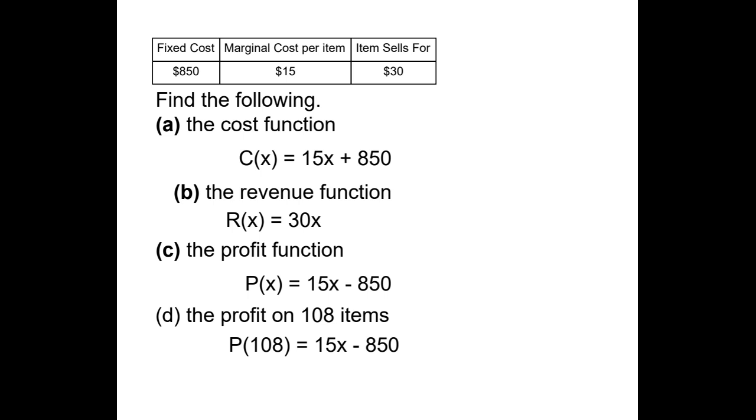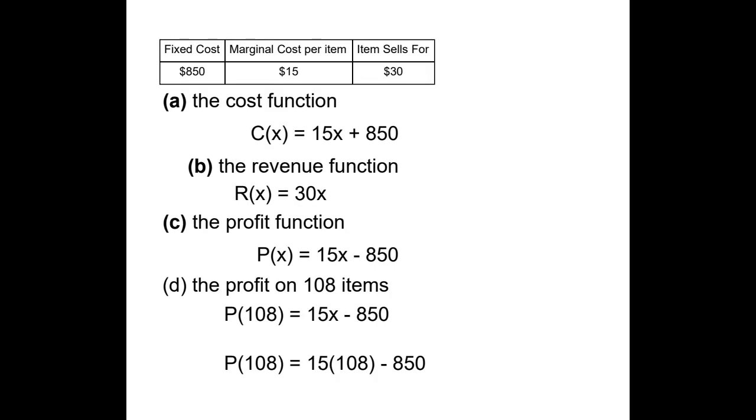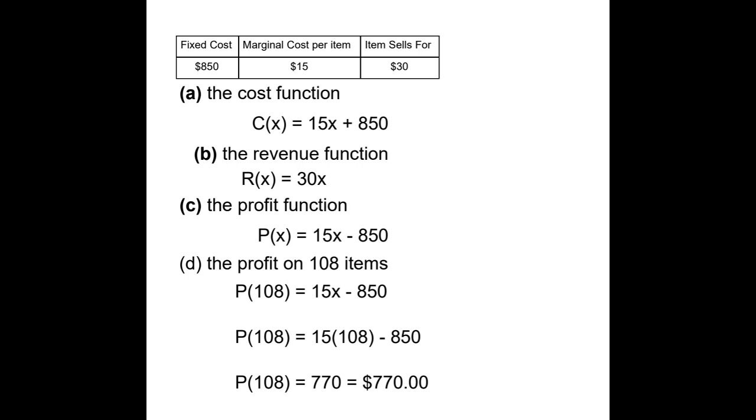So then I'm going to have P of 108 is equal to 15 times 108 minus 850. When I do this, 15 times 108 minus 850, I get 770. But that's just the value. We always want to know what this answer relates to. Well, this is money.